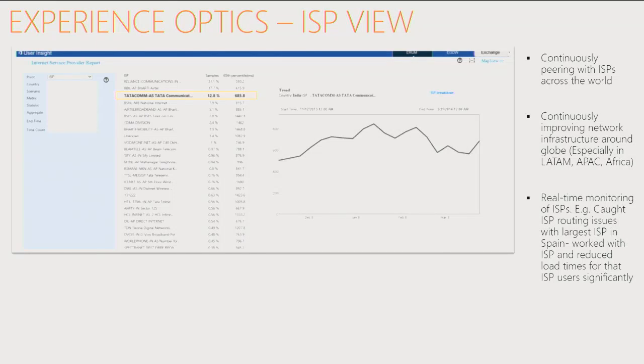I have an example from last year, some 12-14 months back. Suddenly in our system we saw that a specific provider in Spain, one of the biggest ISPs in Spain, had regressed by more than 60%. When we looked into the network route for that ISP from our signals, we found that it had started routing our traffic via the US to our European data centers.